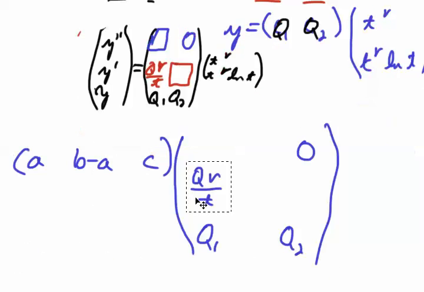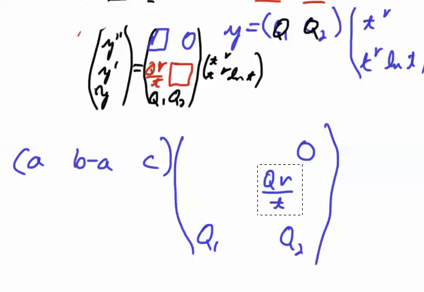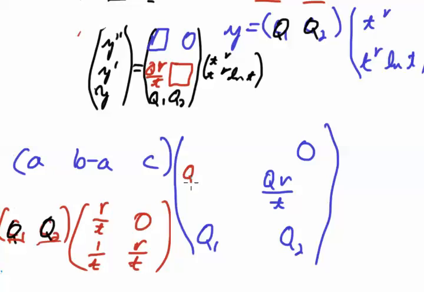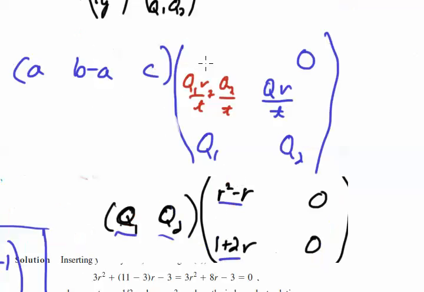Over on the other side, this should be q1 r over t plus q2 over t. And then up here at the top row, it's q1 times r squared minus r plus q2 times 1 plus 2r.